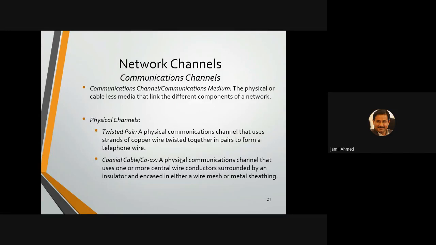So it is mostly used by telephone connections. Coaxial cable is a physical communication channel that uses one or more central wires, conductors, surrounded by an insulator that is encased in either a mesh or metal sheeting.